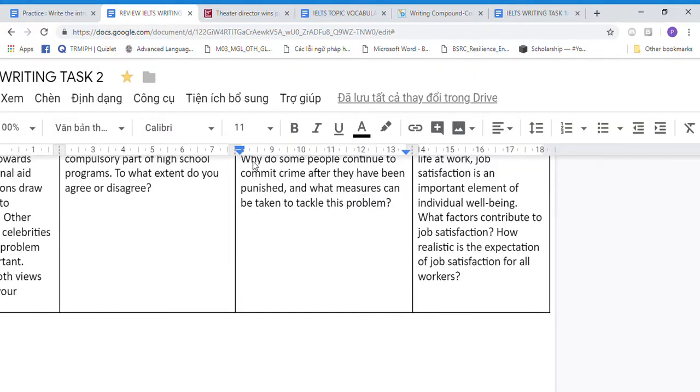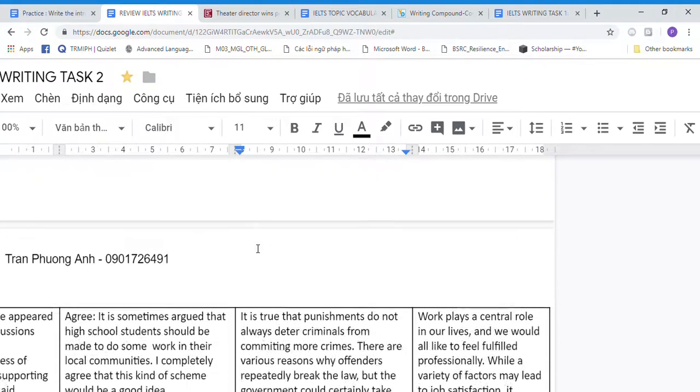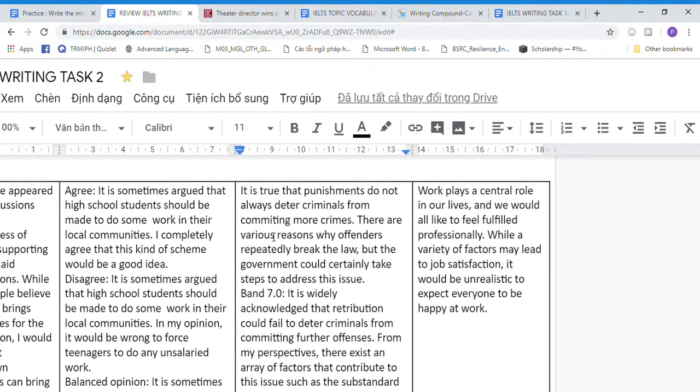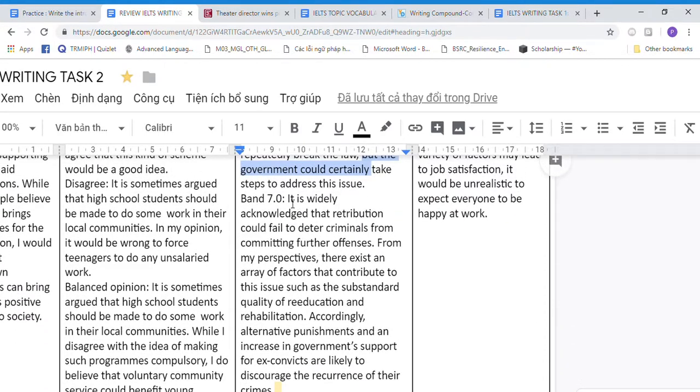Người ta hỏi why, mình có trả lời there are various reasons. Và tackle nó kiểu gì, xử lý nó kiểu gì thì bảo but the government could certainly take steps to address this issue, đúng không?